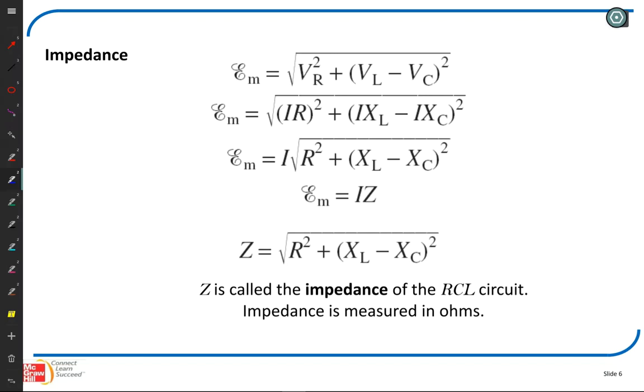So a reactance, that would be a capacitor or an inductor, has a reactance. They don't take away energy, they store it and give it back. So the average power for an inductor is 0. The average power for a capacitor is 0 because they're only storing energy and giving it back. Whereas the average power for a resistor is not 0 because it's taking away energy.